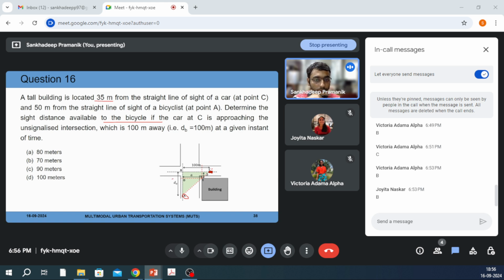You need to calculate this one. You have this A value and B value. This value is also given.